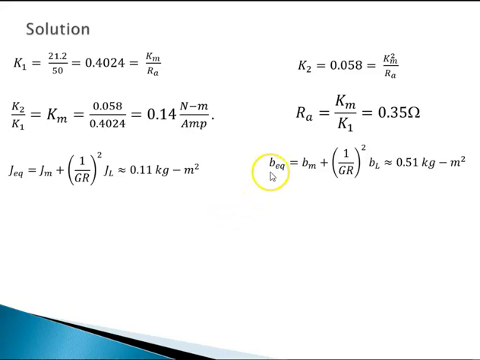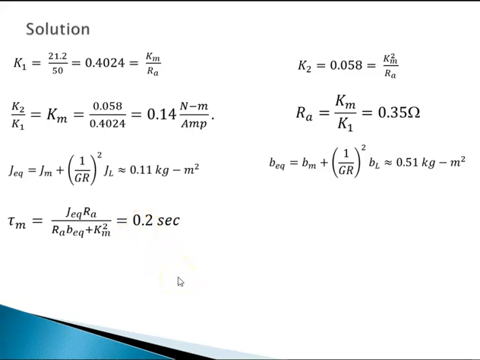Similarly, the net equivalent inertia is found as shown here. Once you have all these quantities in place, you get tau m as 0.2 seconds. Tau m equal to 0.2 is the answer to one part of the question.